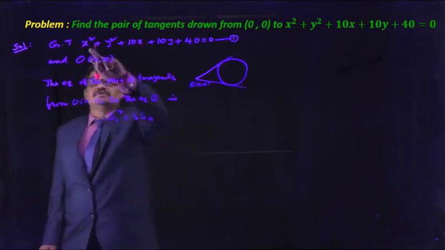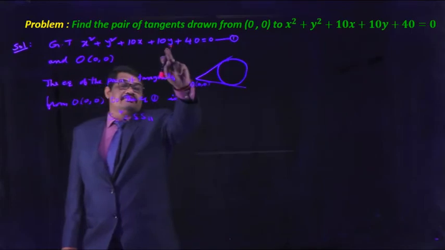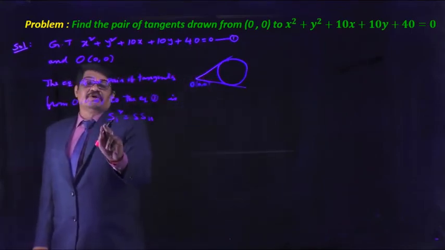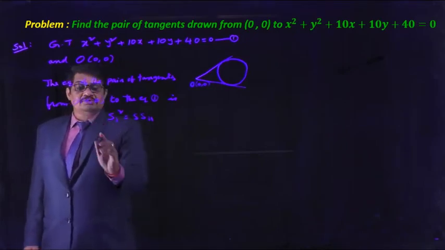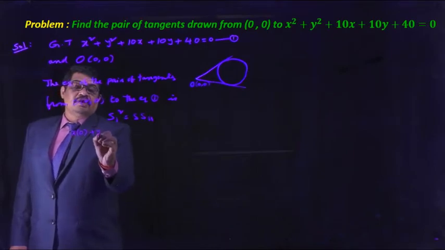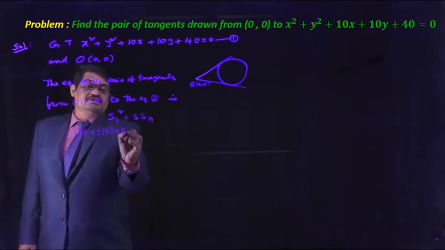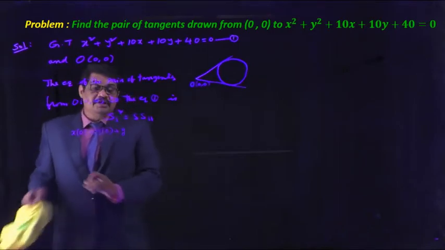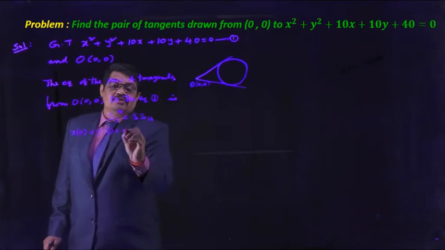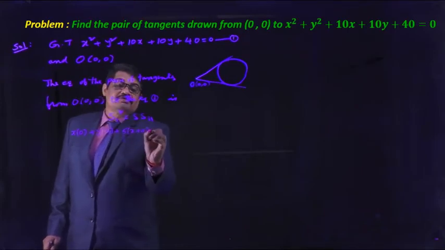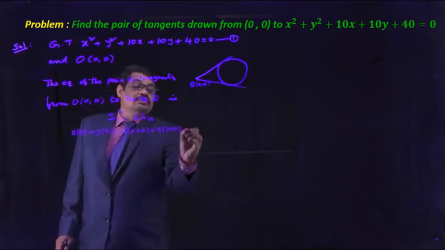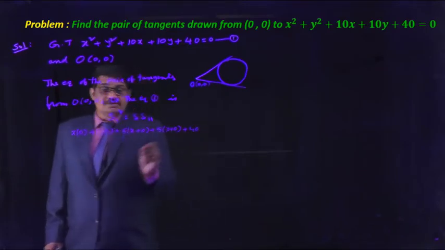The given circle is x square plus y square plus 10x plus 10y plus 40 is equal to 0. For this circle we are writing S1 for the point (0, 0), that is x1 is 0, y1 is 0. Here g is 10 by 2, that is 5, so S1 is 5 into (x plus x1) plus 5 into (y plus y1) plus 40, that is 5x plus 5y plus 40. This is S1.